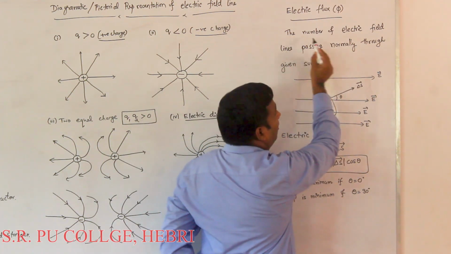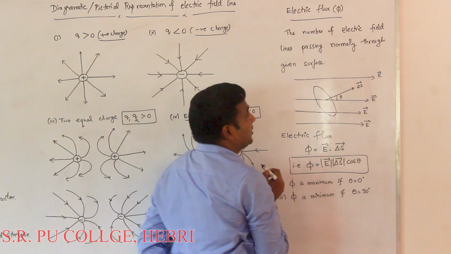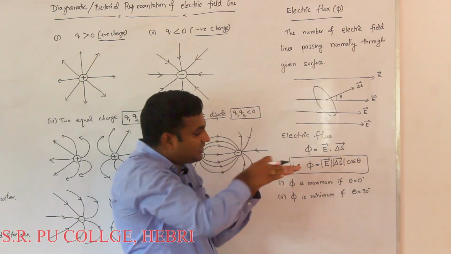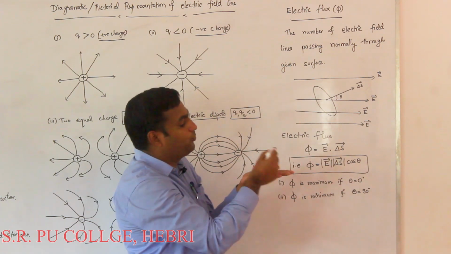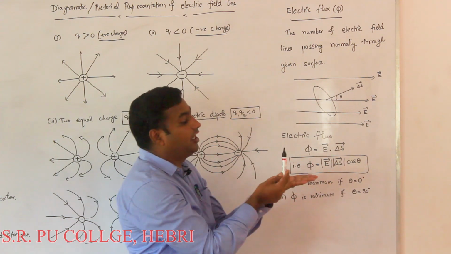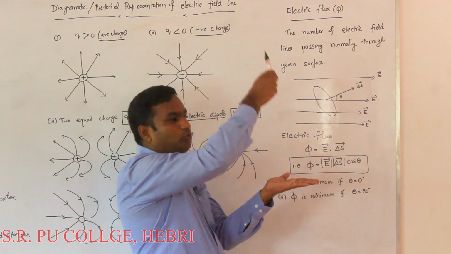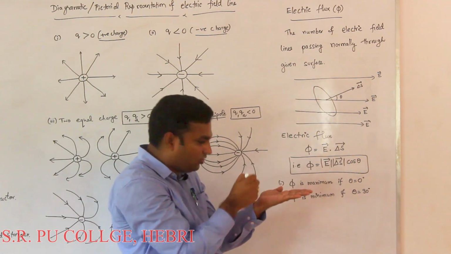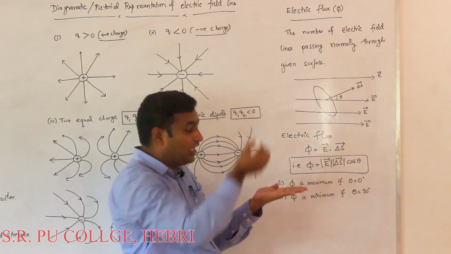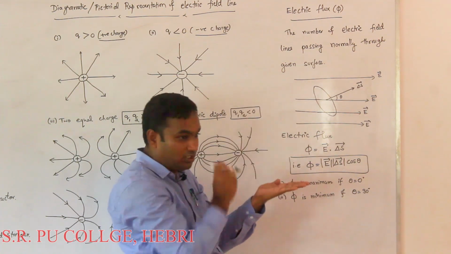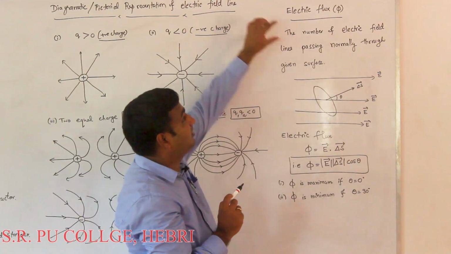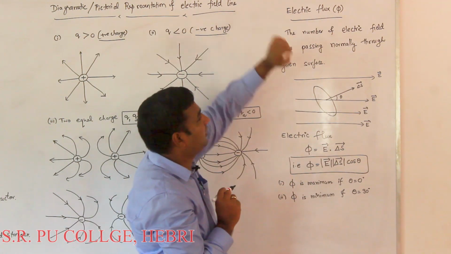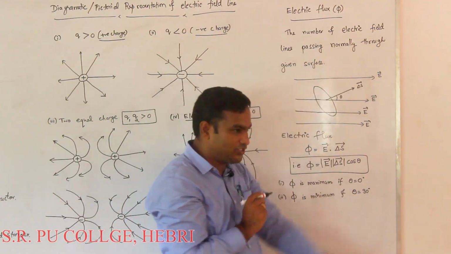If we consider a surface where a large number of positive charges are present, the electric field lines act normally outward. If it is a negative surface, with a large number of negative charges on the surface, the electric field lines act inward. This indicates the major concept called electric flux, the number of electric field lines passing normally through a given surface.